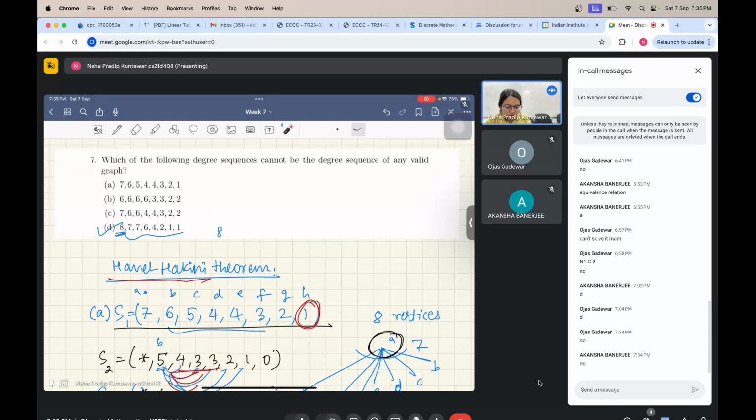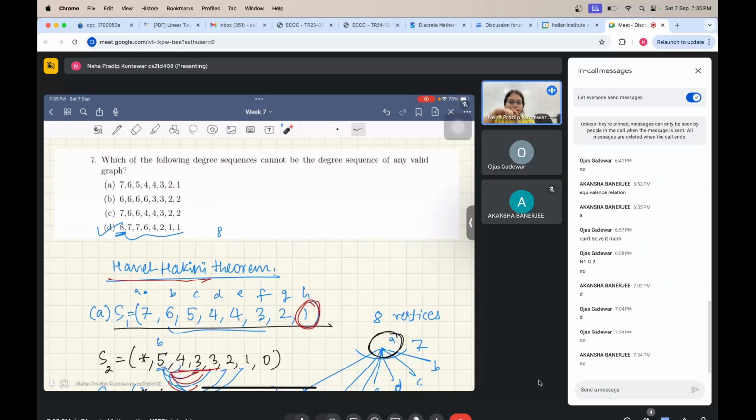So if I don't let you use this, how would you go about it? Ma'am, I will use the brute force method, and simply draw the graph with the given degrees.